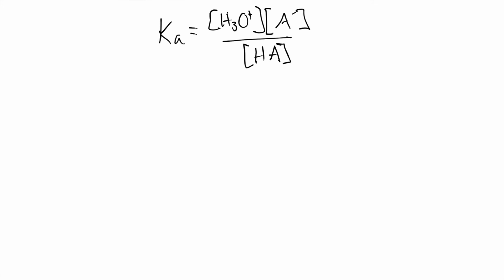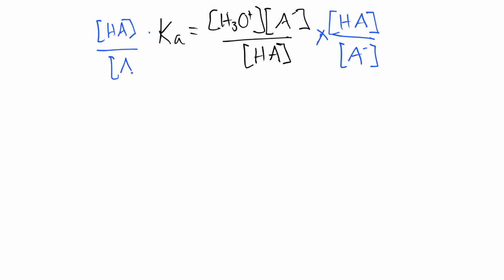If we multiply both sides by HA over the concentration of A minus, this cancels with that, and that cancels with this.